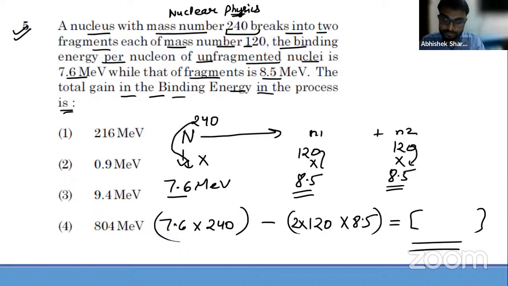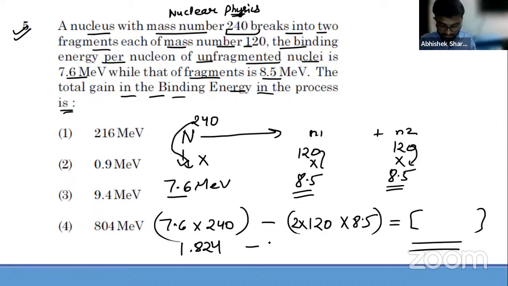Here is our calculator. So answer is 7.6 into 240 comes out to be how much? This comes out to be 1.824. Okay? And 2 into 120 into 8.5 comes out to be how much?